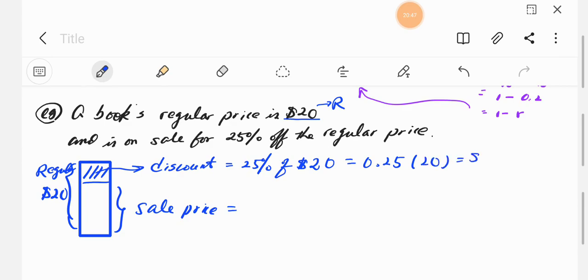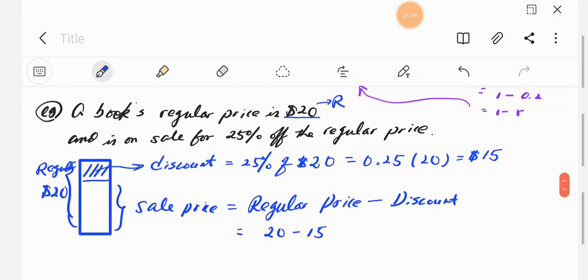So that is $5, right? The sale price is the regular price minus the discount. So the regular price is $20 minus the discount, $5.